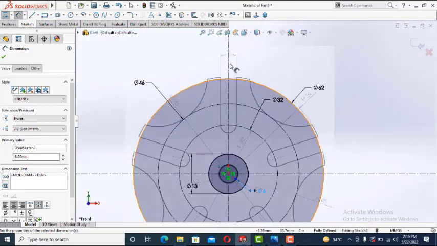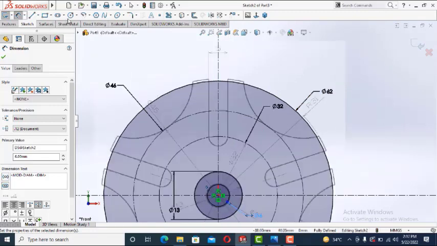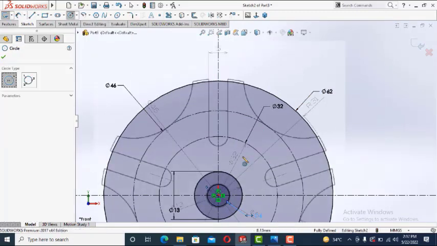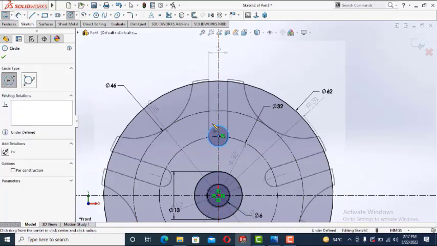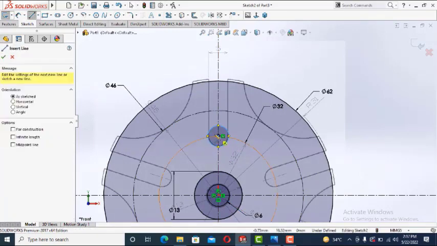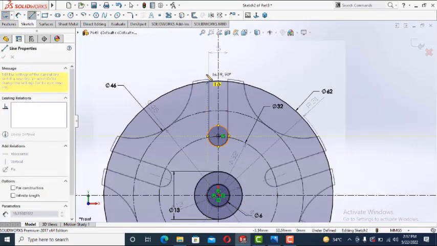Now let's draw this figure. Circle here and 2 lines, 2 vertical lines up to here.